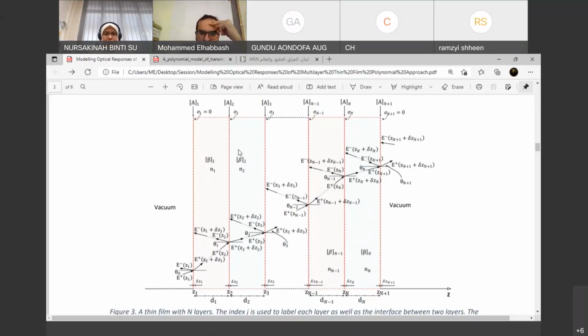If we have 4 layers, for example, then we have beta 1, beta 2, beta 3, beta 4. Beta 1 and beta 3 will be for magnesium oxide, but beta 2 and beta 4 will be for calcium fluoride.